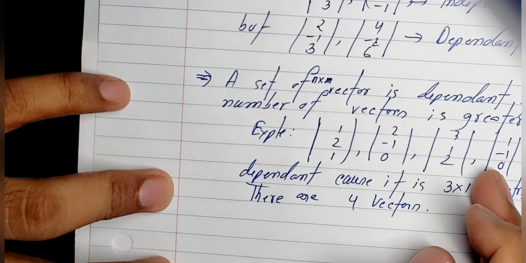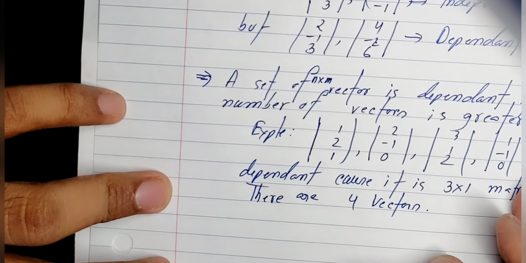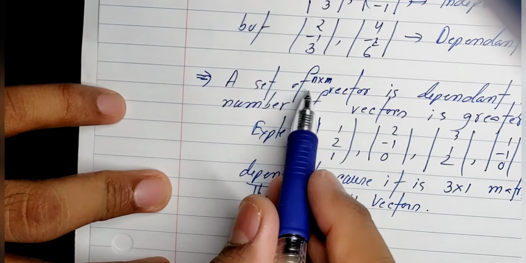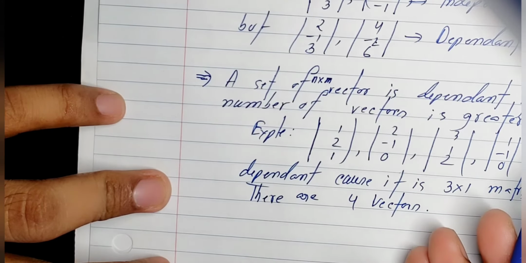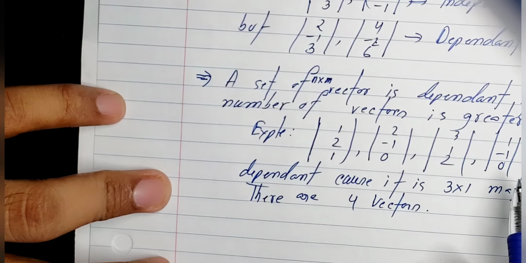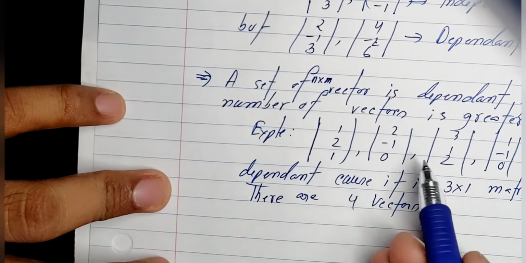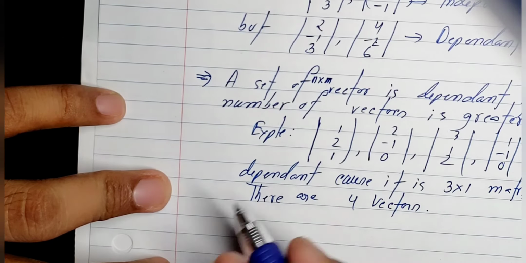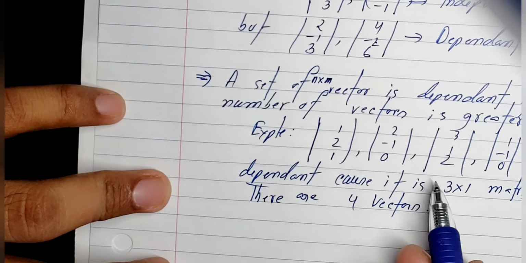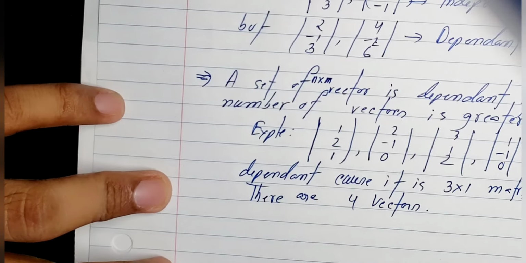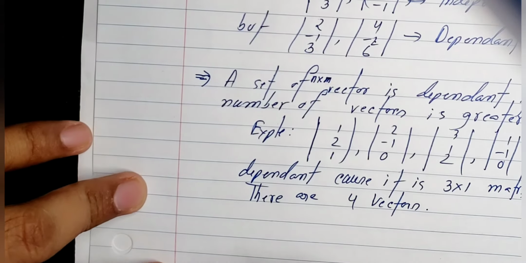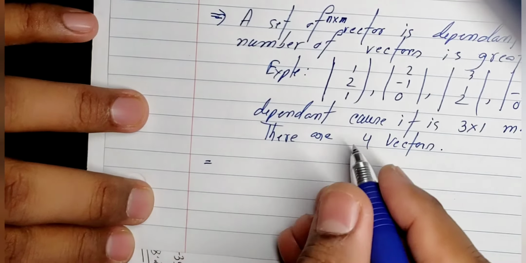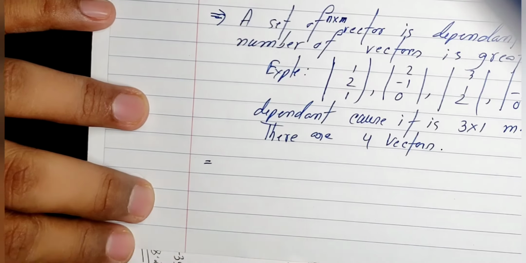So the total number of vectors is more than the number of rows. So the condition is that a set of vectors is dependent if the total number of vectors is greater than the number of rows. So you have 3 rows here, but you have 4 vectors, so it is a dependent set, sorry.